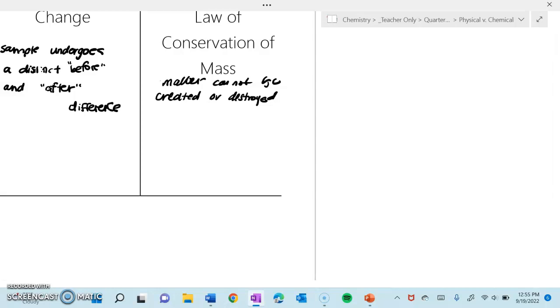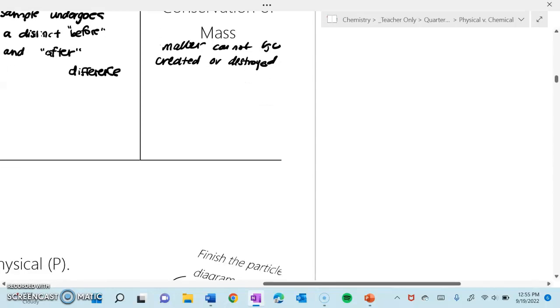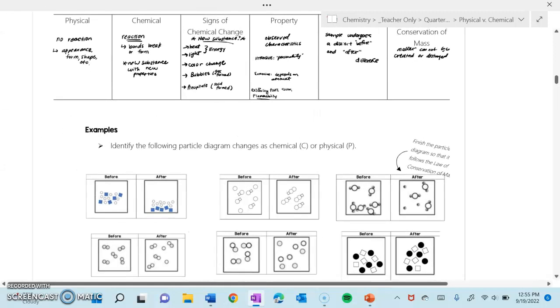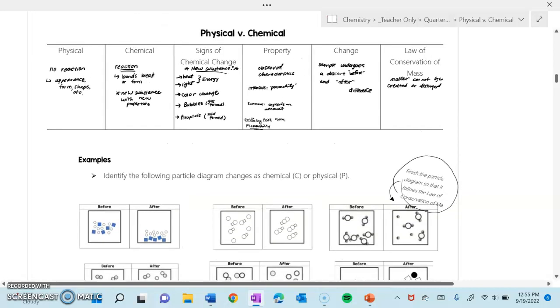All of our atoms have to be accounted for. We're going to look at an example down here, and actually we're going to do a part 2 where we look at these examples to make sure that all of the atoms on the before side are accounted for on the after side. We already have an example here that's telling us it doesn't follow the law of conservation of mass, and we will go through that and finish the particle diagram so that it does.